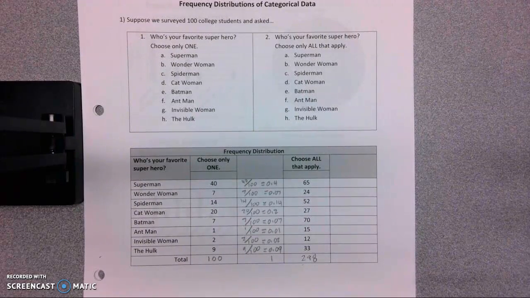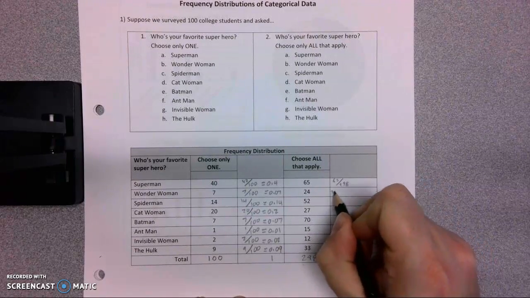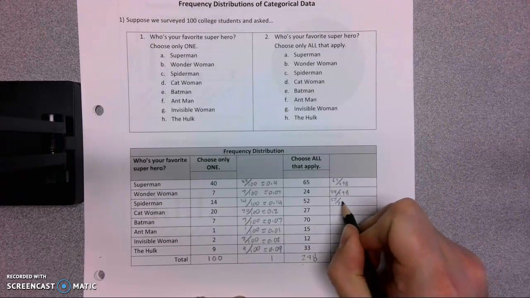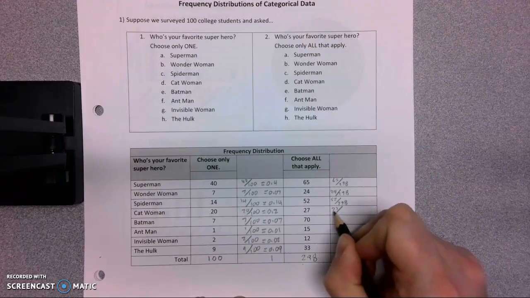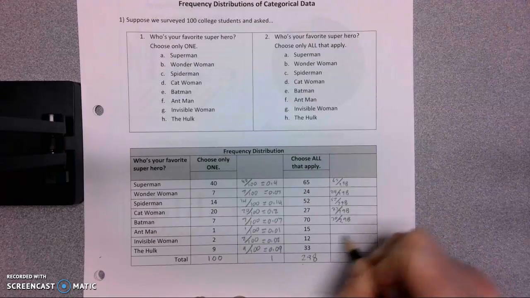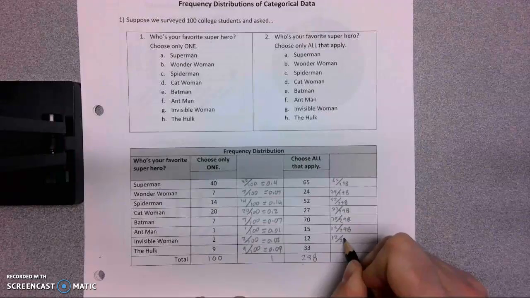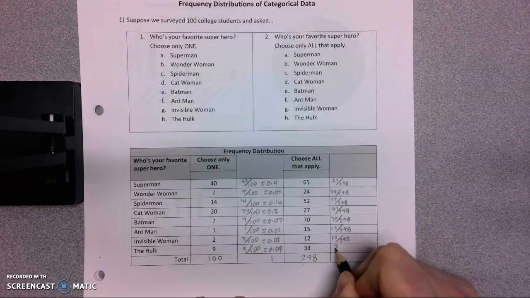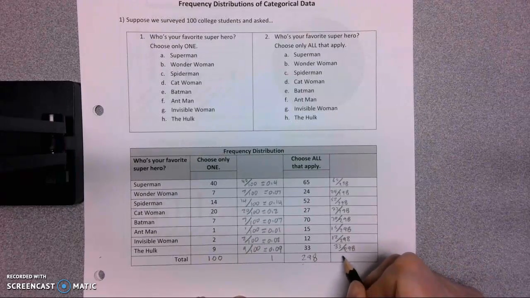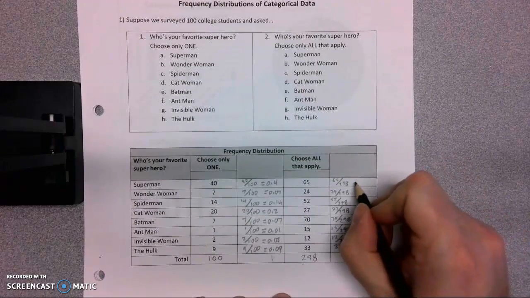So we're going to take 65 over 298, 24 over 298, 52, and so on. We could turn those into decimals as well.